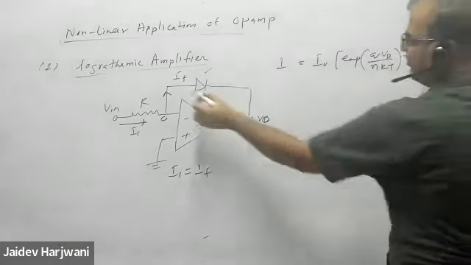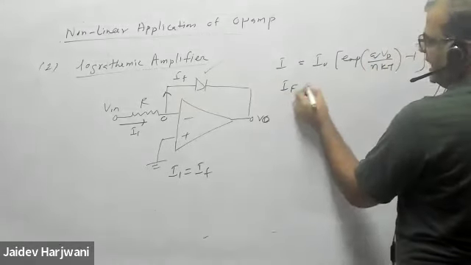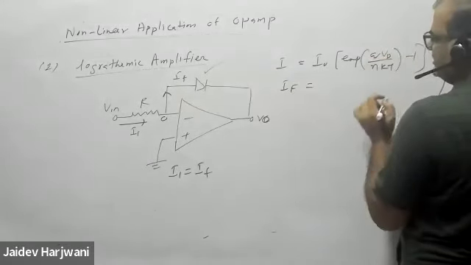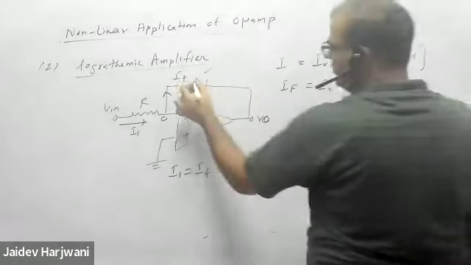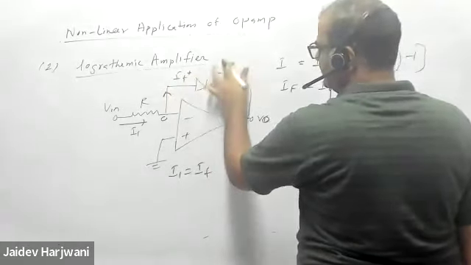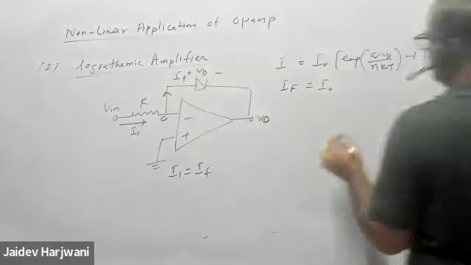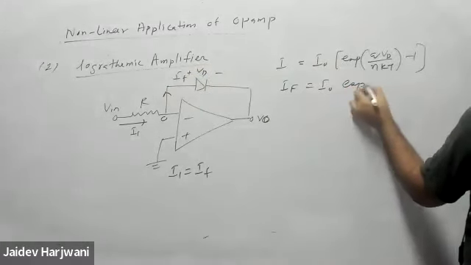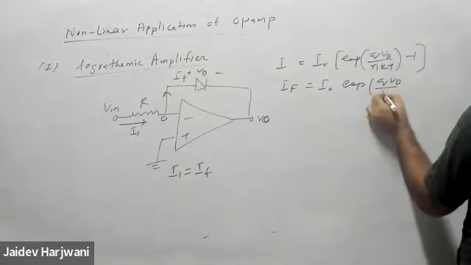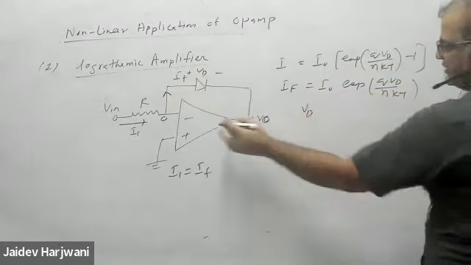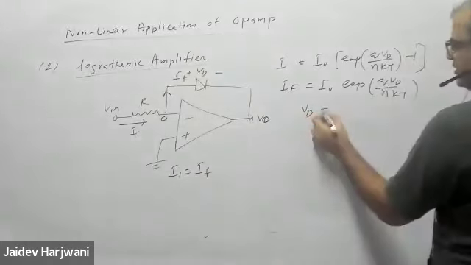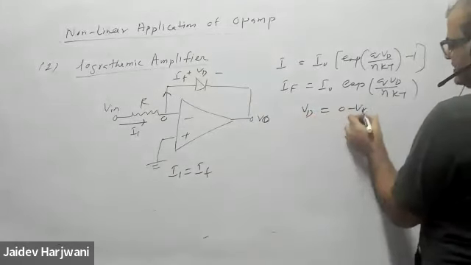And if I want to write the forward current, I'm assuming the 1 is negligible. So I can write I is equal to I naught exponential QVD by eta kT, say the voltage here is VD. And now VD is what? VD is 0 minus V naught, that is minus V naught.